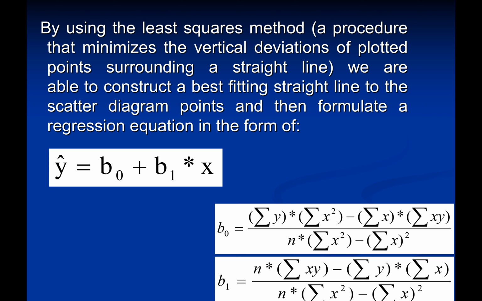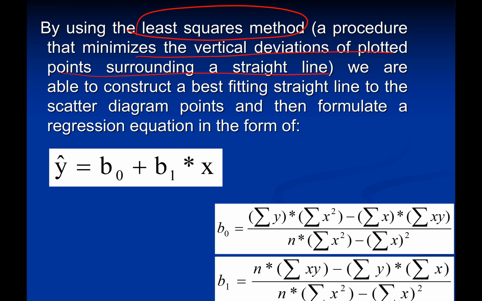So we're using a method called the least squares method. The procedure minimizes vertical deviations of the plotted points surrounding a straight line. We're able to construct a best fitting straight line to the scatter diagram points and formulate a regression equation here.